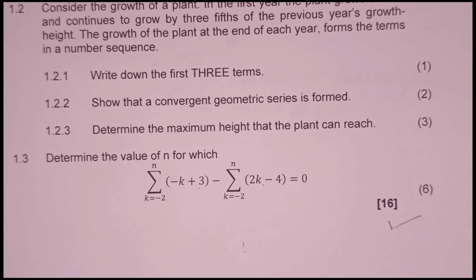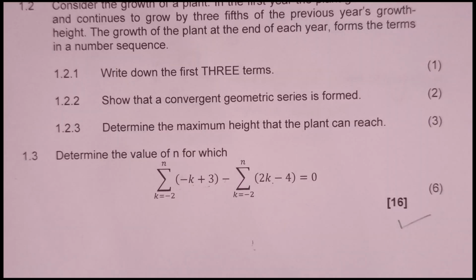1.2.3. Determine the maximum height. Already we have proven that this series is convergent. When a series is convergent, when your common ratio lies between -1 and 1, definitely the sum of that series approaches a certain value.